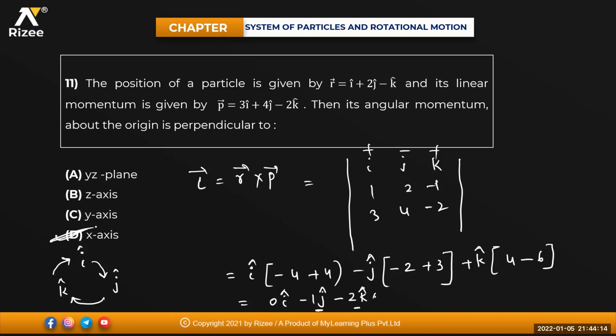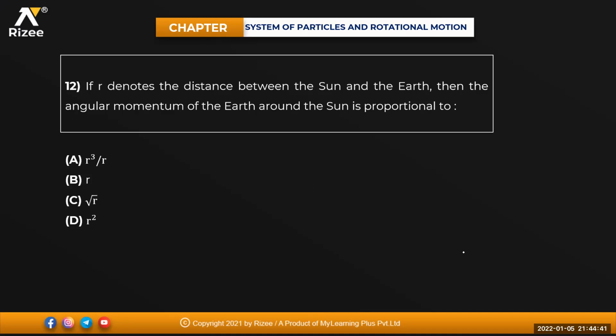The resultant will be along your i cap, the X-axis. We are not multiplying, sir? It is a cross product only, beta. L is equal to r bar cross p bar. A bar cross B bar is equal to mod A mod B into sine theta. So the directions are minus j, minus k. Okay, X-axis. Next one.